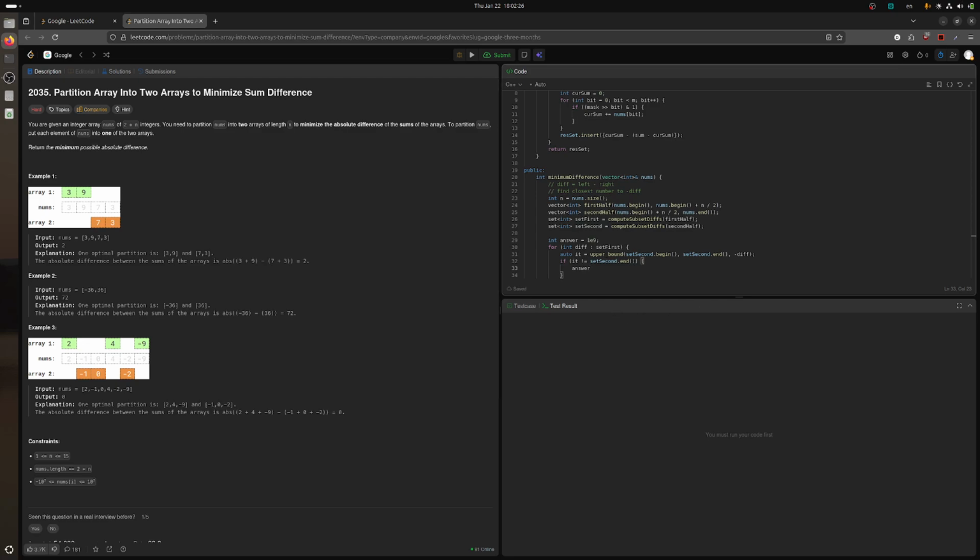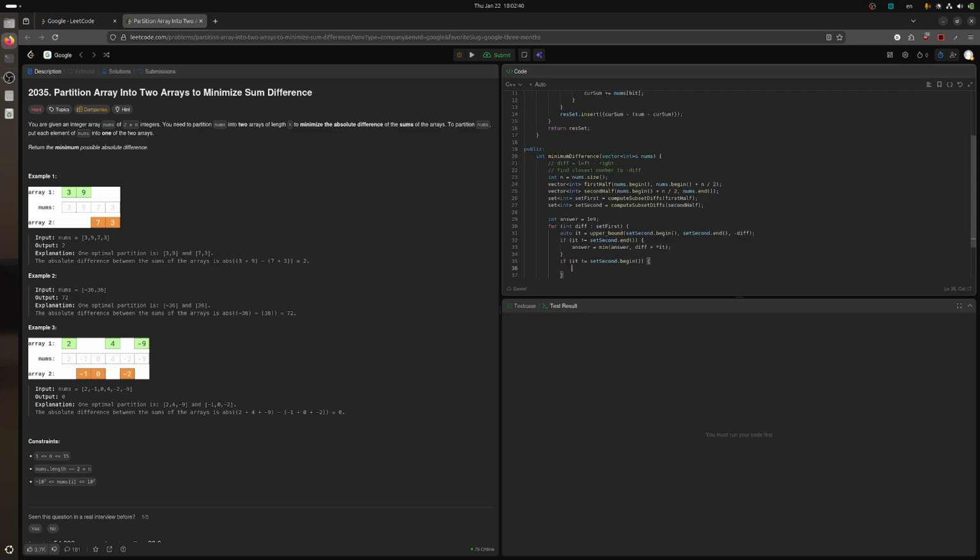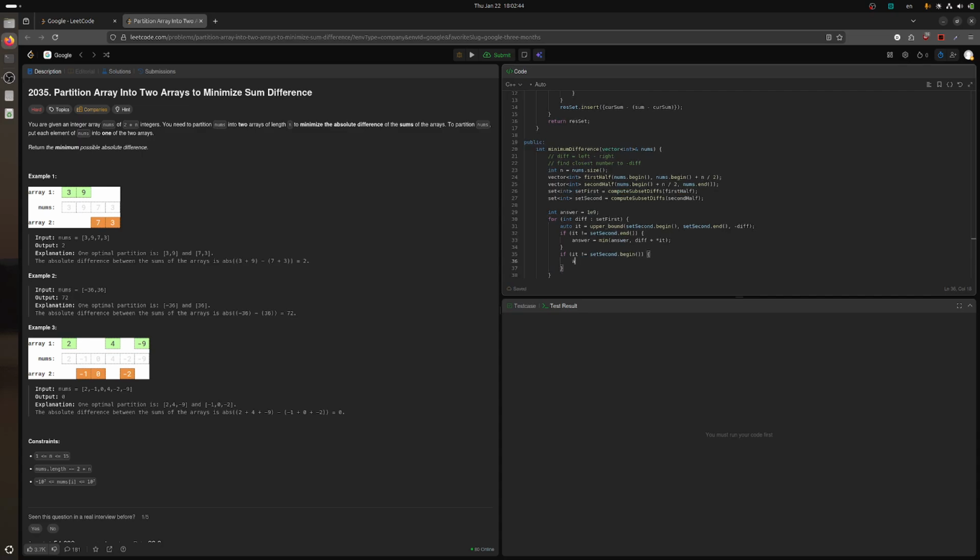So answer is min of answer and diff plus iterator, I guess. And then if it doesn't equal set second begin, then it's the previous one. And we don't even need to do that.